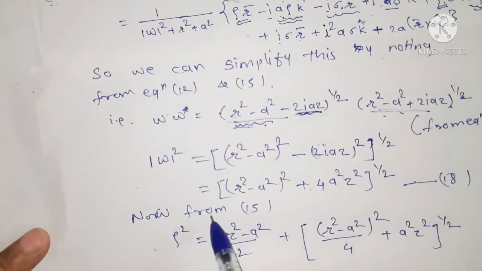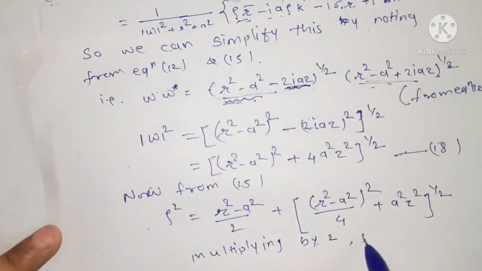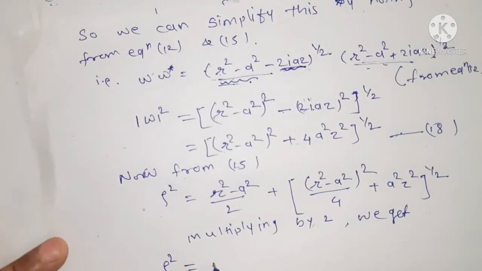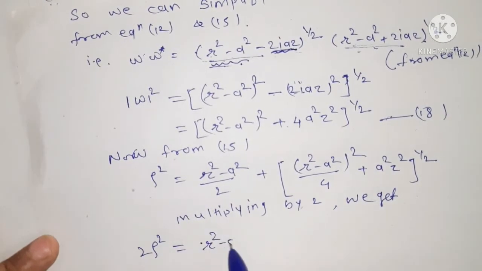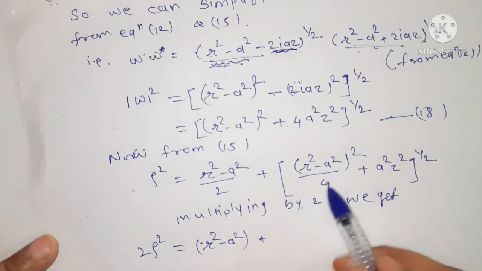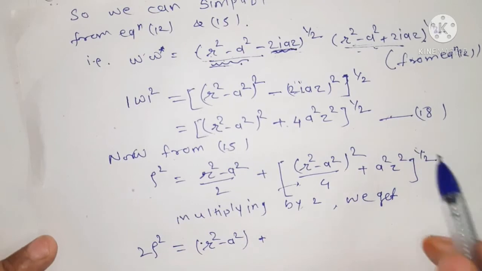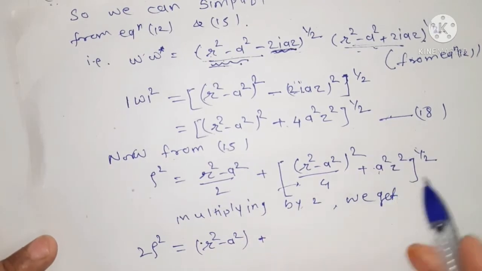This is the value of rho square from equation 15. Now multiplying by 2, we get 2 rho square equal to r square minus a square plus, as the 2 goes inside the square root it becomes 4, so the 4 gets cancelled, and we have 4a square z square.